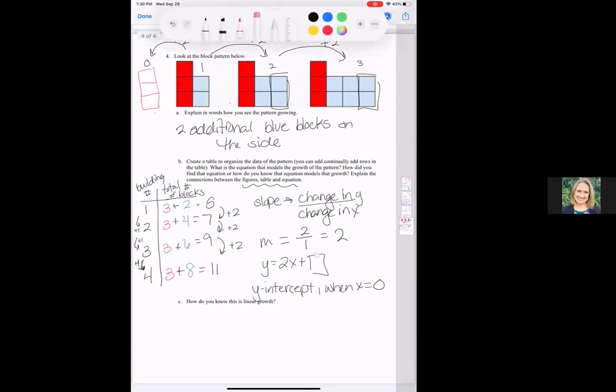Another way to think about it is what's constant, what's not changing. What's constant are the red blocks. And that's where we get this here. Maybe I'll color code the slope. The slope is the change from one to the next.